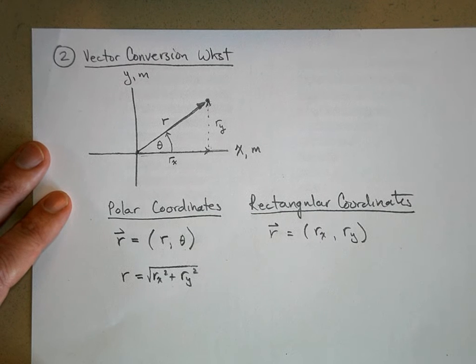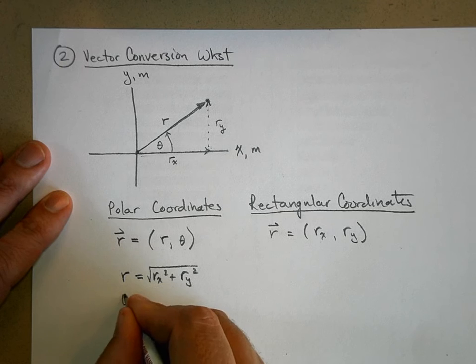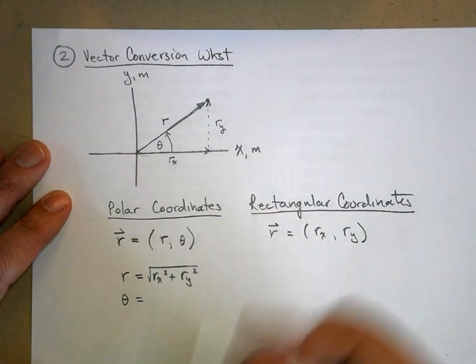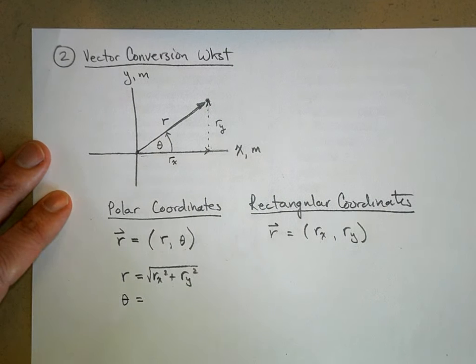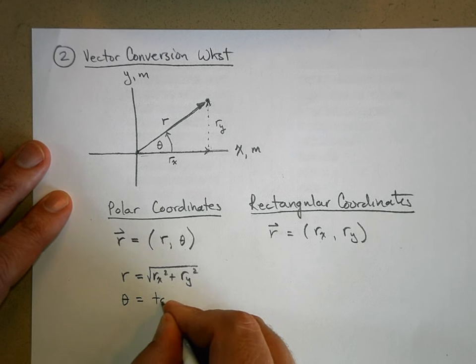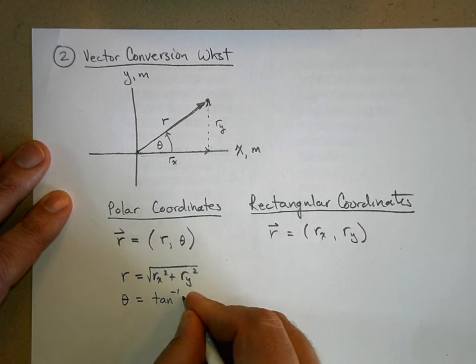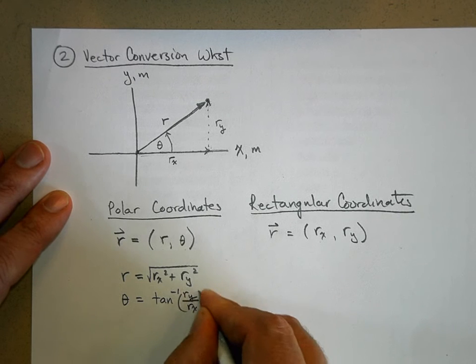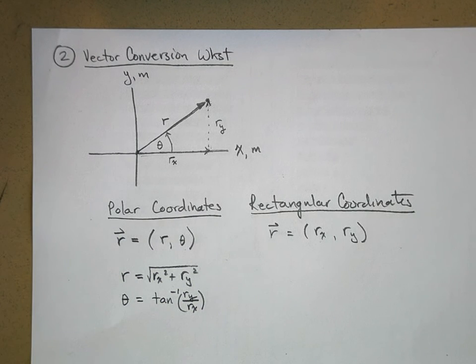Now, if I want to calculate the angle theta, well, I know Ry and Rx. I know the ratio of y over x is tangent, so what I can do to get the angle is use inverse tangent of Ry over Rx.